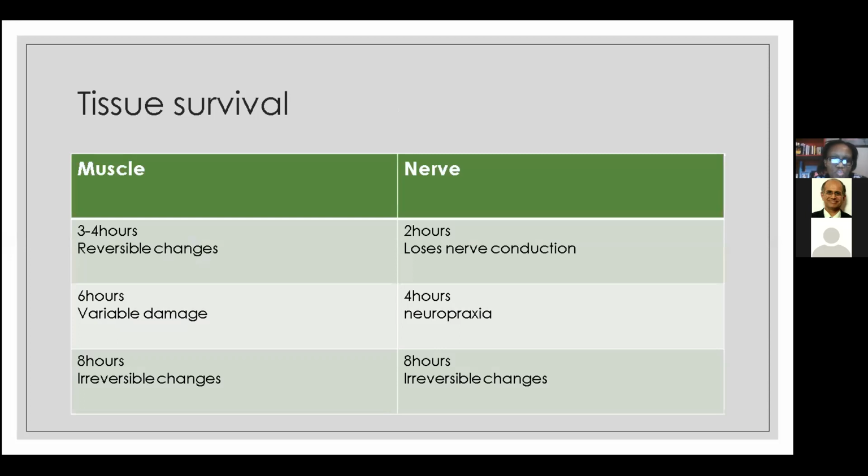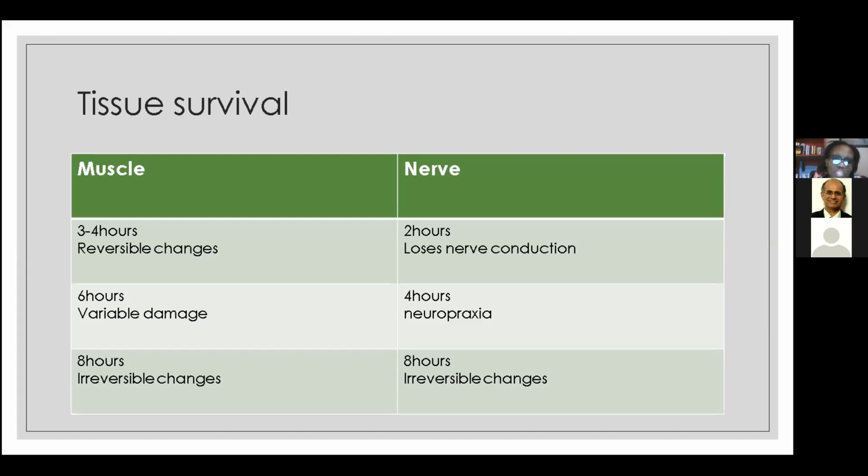This is just to mention the tissue survival, muscle and the nerve. When it comes to the muscle and the nerve, this is just to show that, as I mentioned, if there's a prolonged time where there is a compartment syndrome of the limb, if it goes above 8 hours, that's where you find irreversible changes.